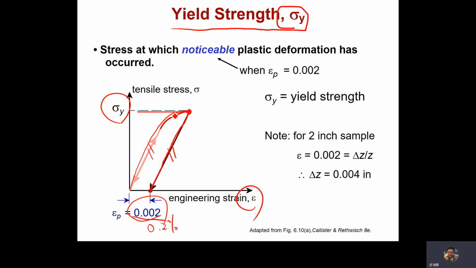We define this point as the yielding stress.